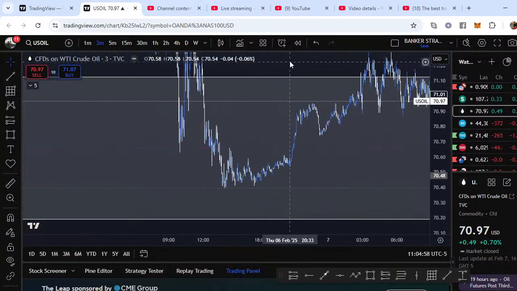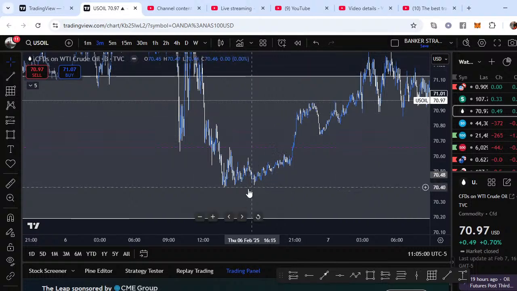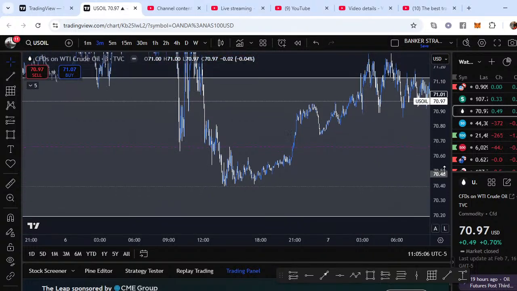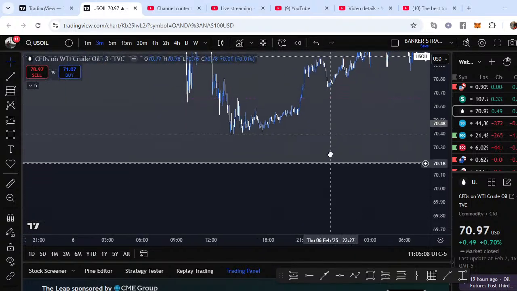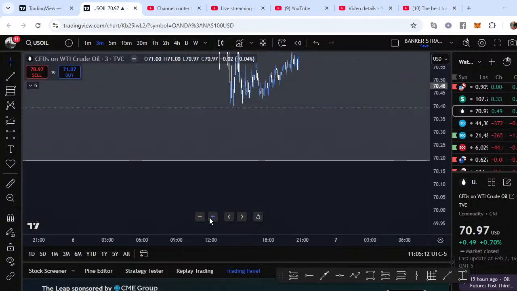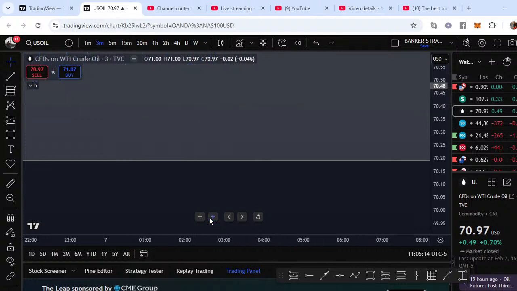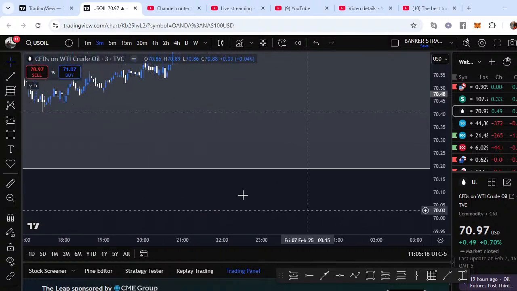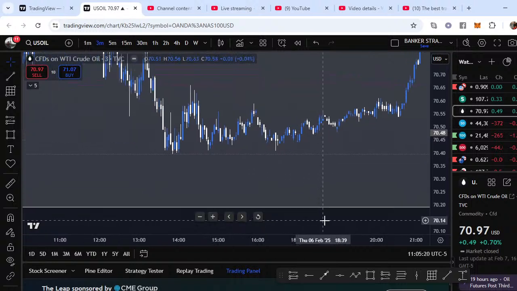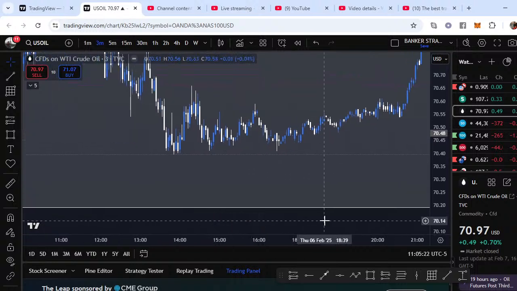So we're looking for a willingness to buy. All right. So we see consolidation. Now, I still could be wrong. We could still go a little lower. But right now in this zone, this is what I do. I'm looking for a willingness to buy.